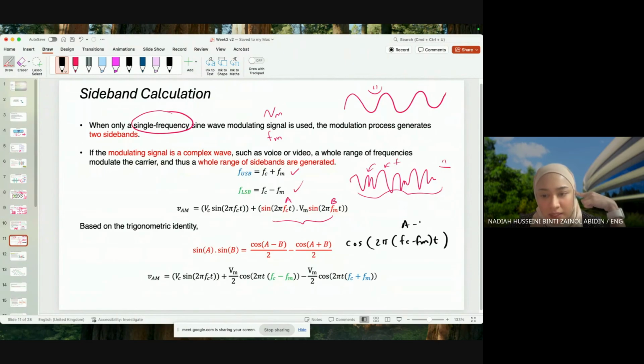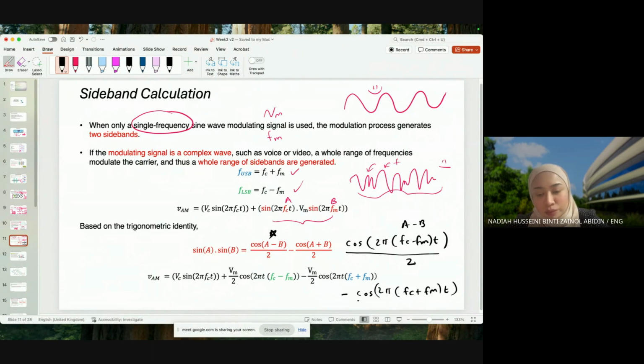This is A minus B, that's where it comes from, divided by 2. Now the second guy, minus cosine 2 pi, FC plus FM, t, divided by 2. This is the second part, which is A plus B.